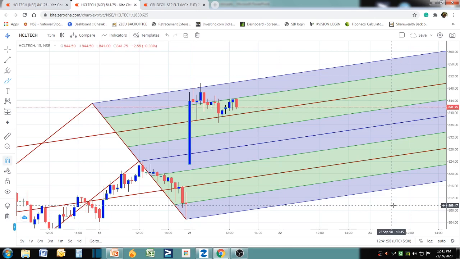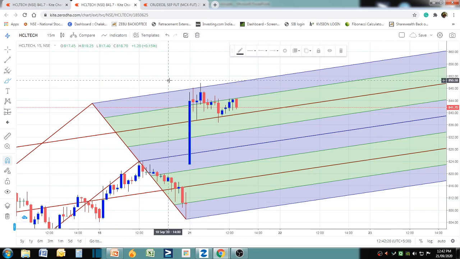What I'm trying to say is, today you got an insight on the shift pitchfork, exactly what the support and resistance are, how we can draw it, and how to identify how the candle is going to work for you, how the resistance and support are going to work for you.